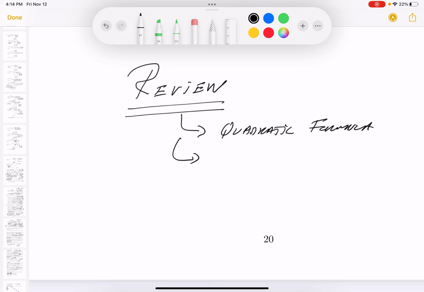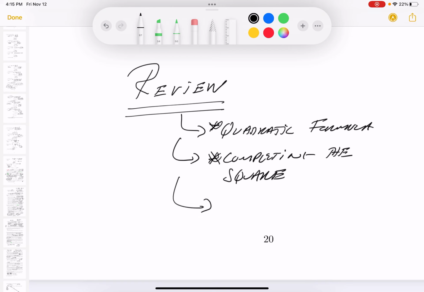You're going to see completing the square. These are new topics. By the way, these two are very much related. You're going to see, what else? You're going to see parabolas. This is the new stuff. And you're going to see circles.